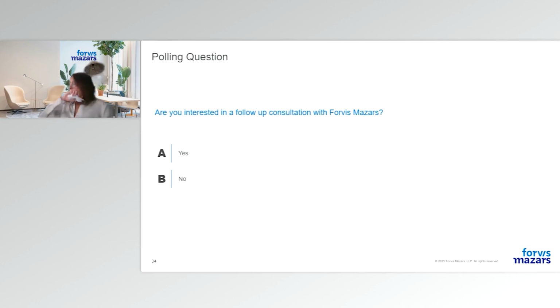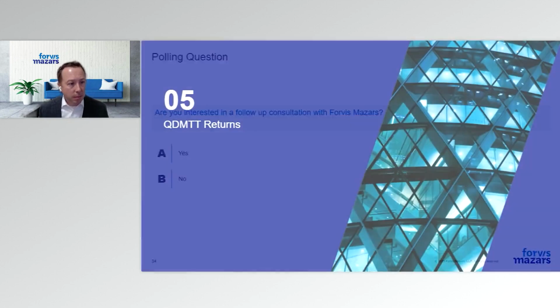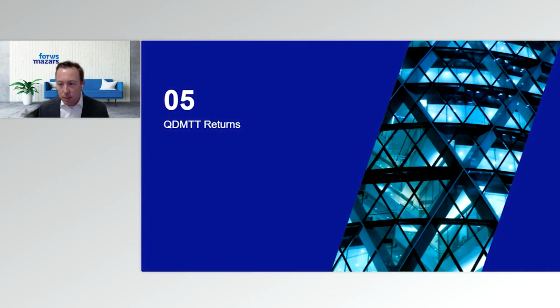All right, here's the third polling question. Are you interested in a follow-up consultation with Forbes Mazars relating to Pillar 2, yes or no? We'll give some time here to answer that, but for the sake of time to get through the rest of the slides, we can cover the QDMTT returns while everyone answers the polling question.